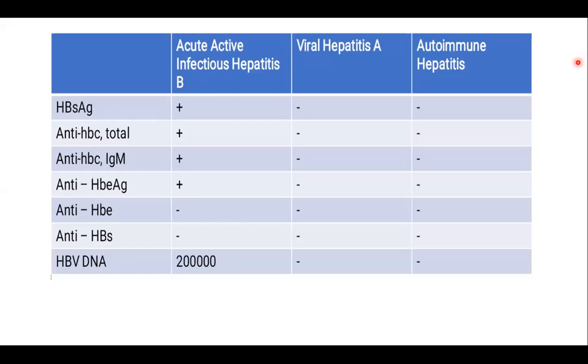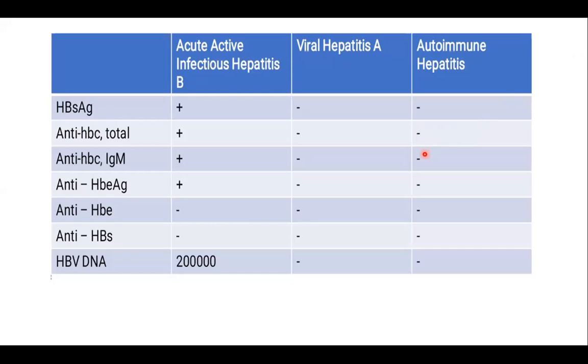And your total hepatitis B core antibody indicates previous or ongoing infection with hepatitis B. It's positive again for infectious hepatitis B and negative for viral hepatitis A and autoimmune hepatitis.